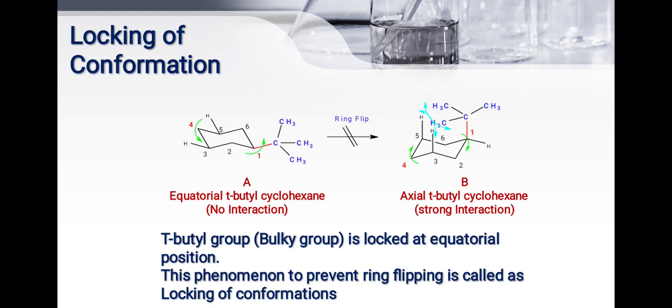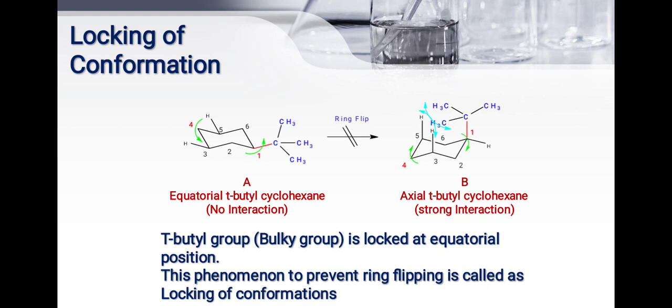When this group is present on the equatorial position, there is no interaction. Tertiary butyl group is a very bulky group, locked at the equatorial position, and this phenomenon of preventing ring flipping is called the locking of conformation.